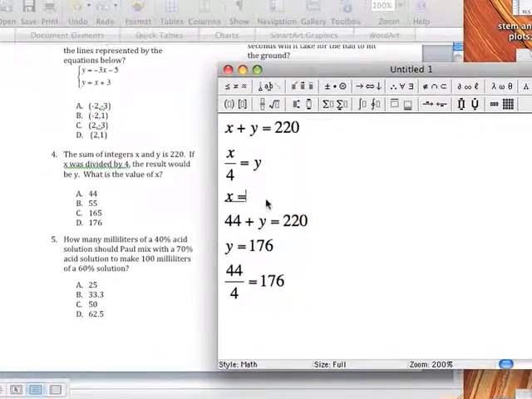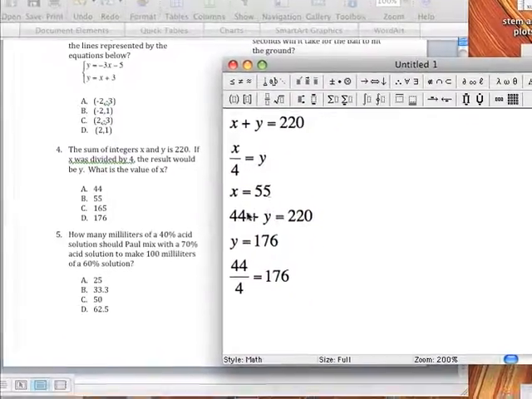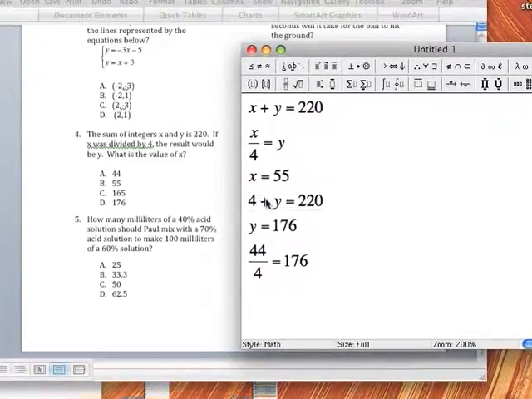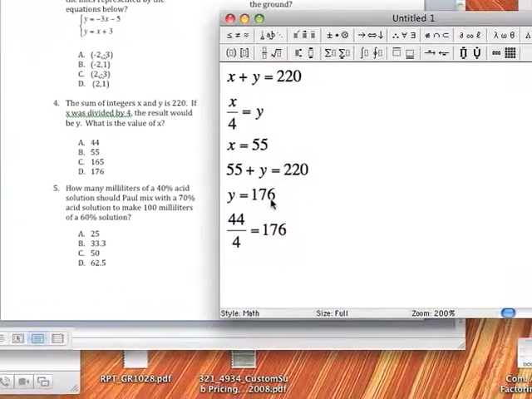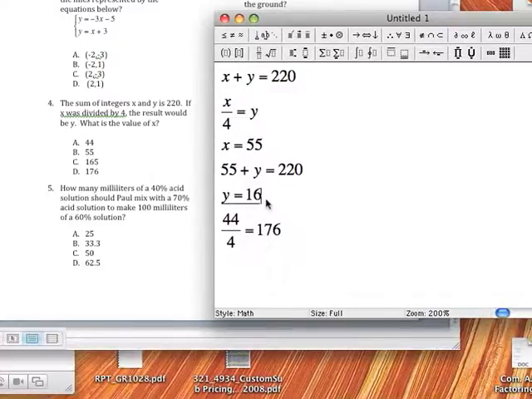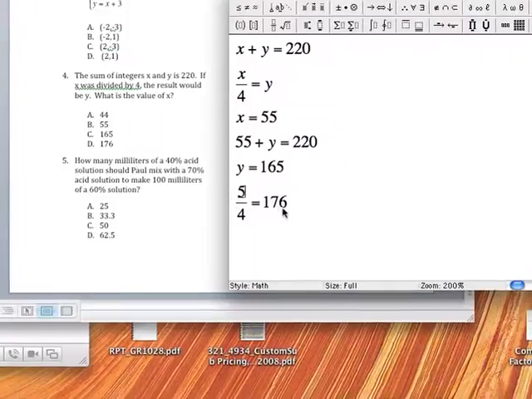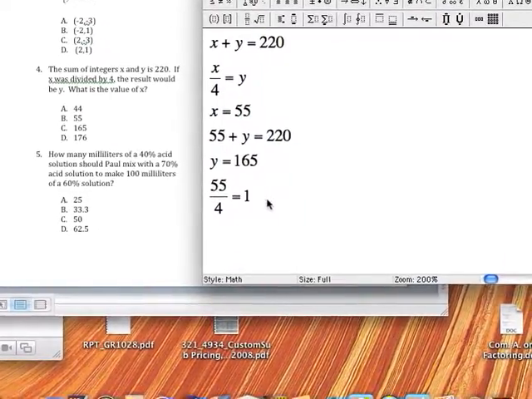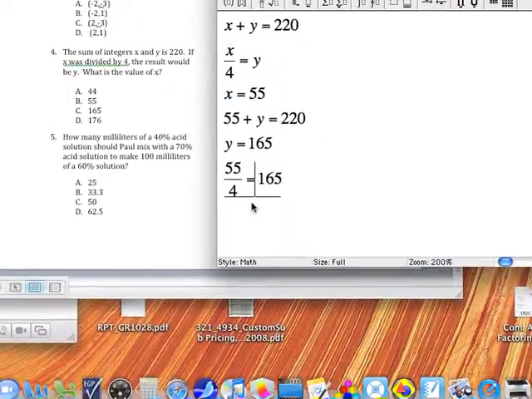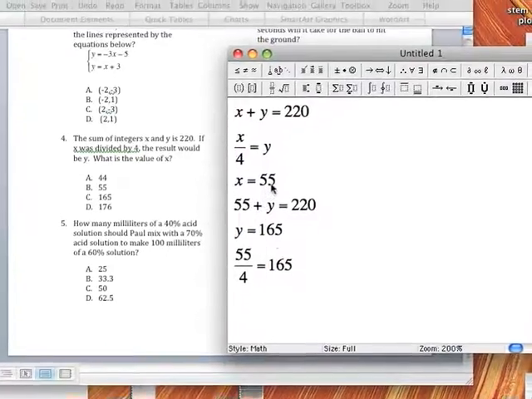Let's try 55. Now, if I tried 55 plus y equals 220, and I subtracted 55 on both sides, I would have 165. And in this case, I would replace x with 55, and replace y with 165. I don't think that's going to work either. So let's keep going.